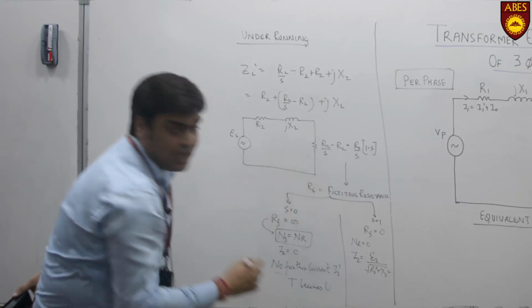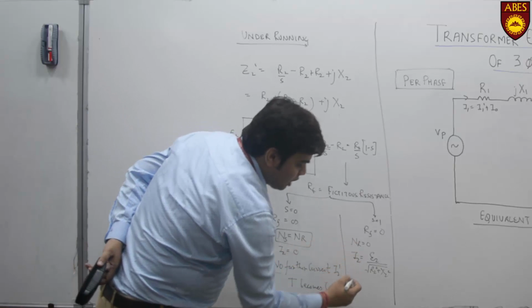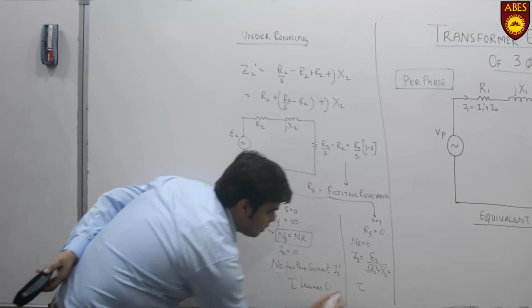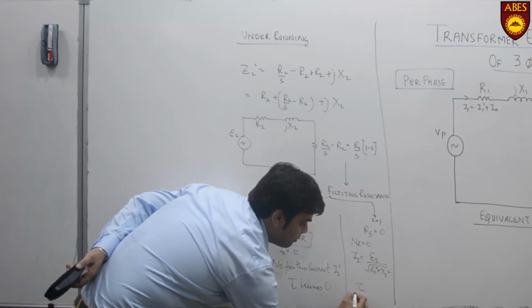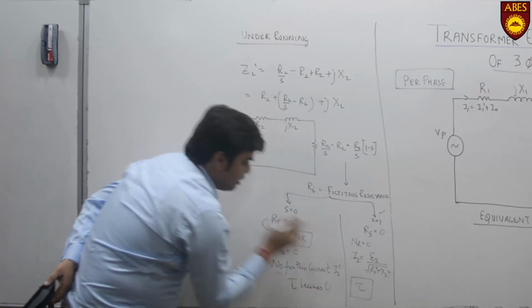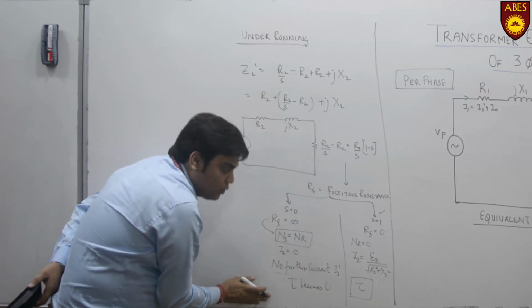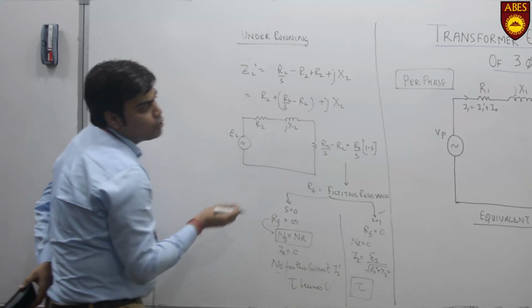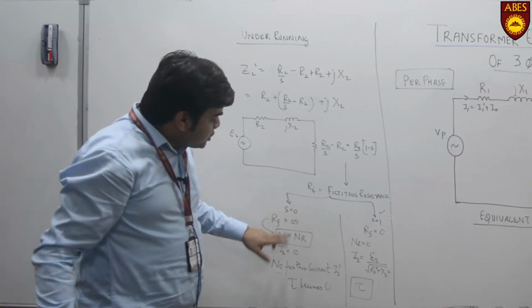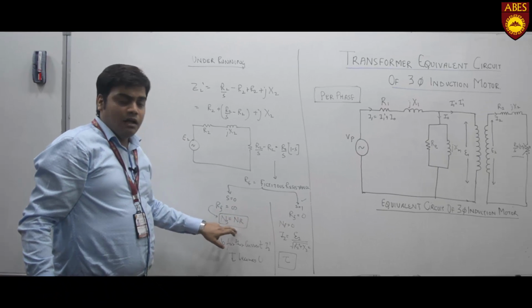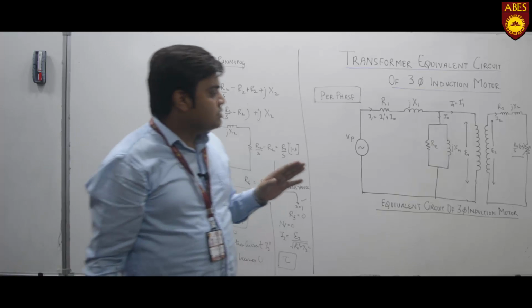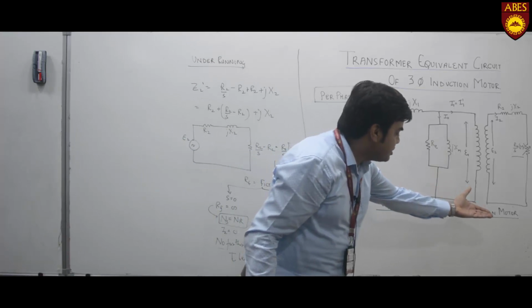Here your torque comes into the picture. So in this case you have torque, in the other case the torque becomes 0. The value of S is from 0 to 1, and finally we can see the rotor can run at speeds from 0 to NR. This is the rotor equivalent circuit of a three-phase induction motor.